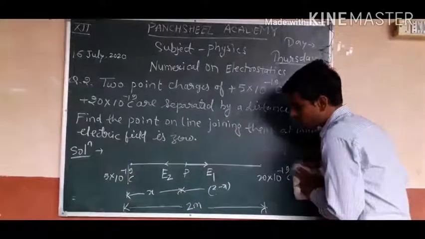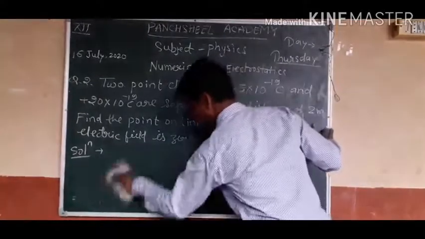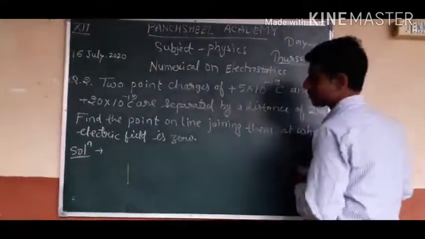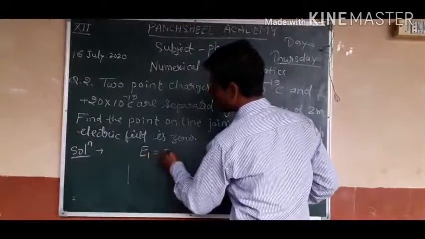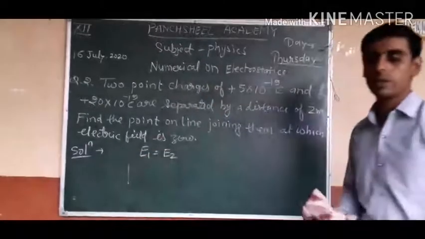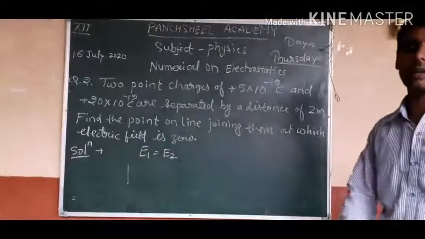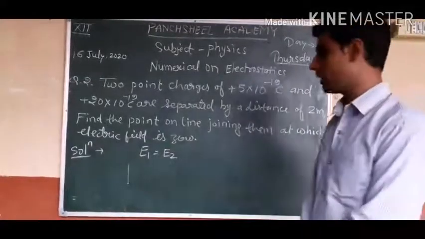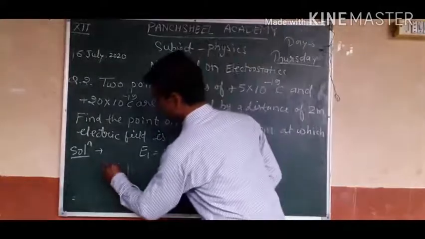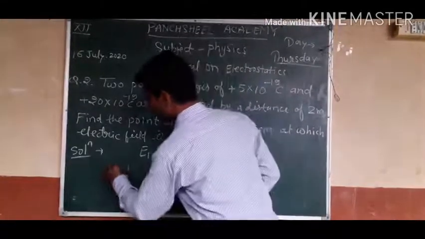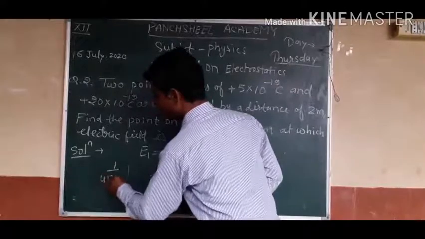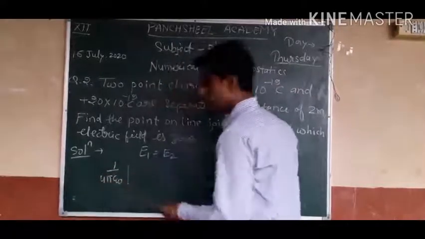What is the condition? E1 equal to E2, and what is the value of E1 and E2? What is the value of electric field? KQ by R square. So 1 upon 4 pi epsilon naught Q, what is the value of Q?